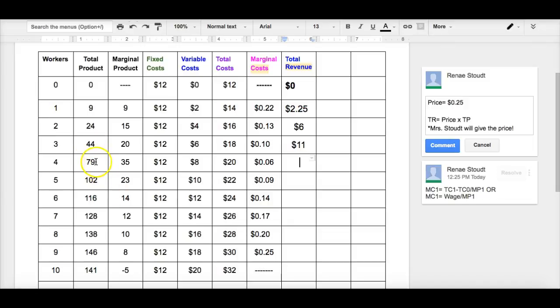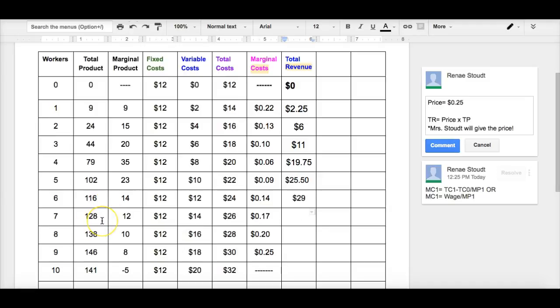At 4 workers, we're taking 79, that's our total product at 4 workers, times our price of 25, and that will give us $19.75. At 5 workers, we're taking 102 airplanes times 25, and that will give us $25.50, right? At 6 workers, we're taking 116 times 25, and that will give us $29.